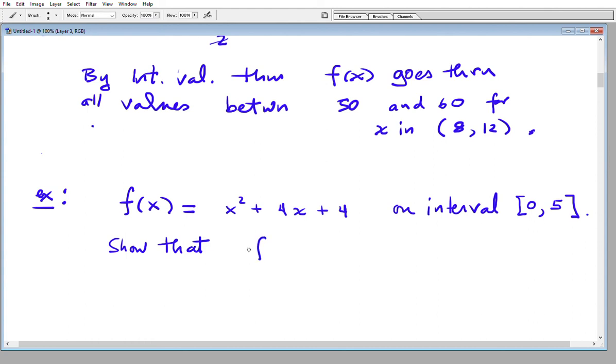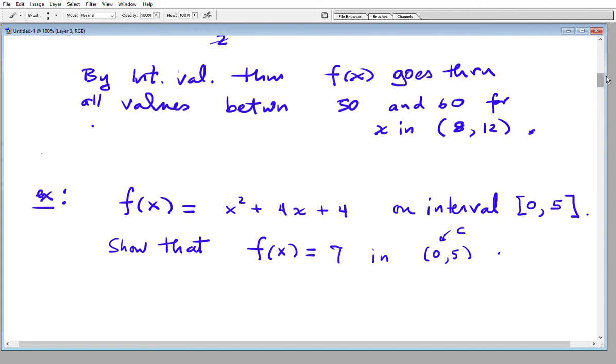Show that f of x is equal to 7. Okay, in other words, for some c value in there, that it does hit 7.